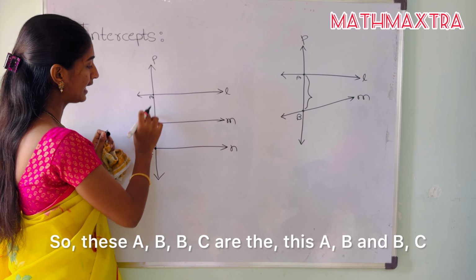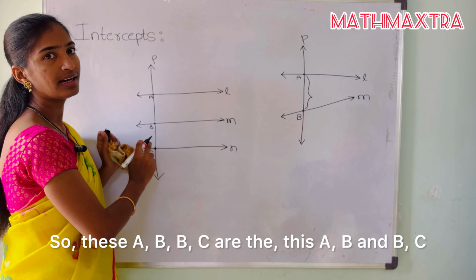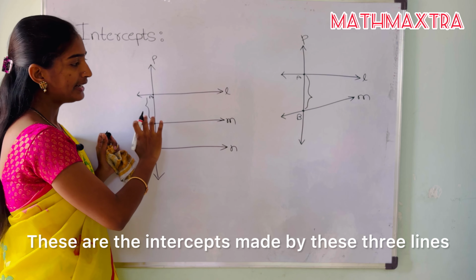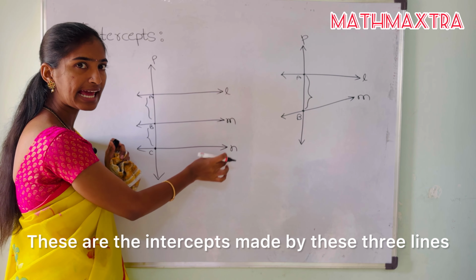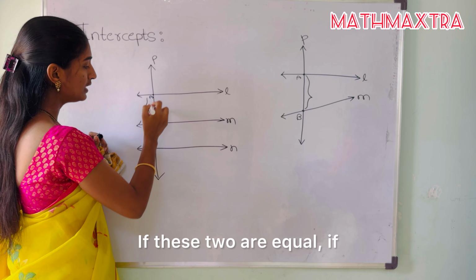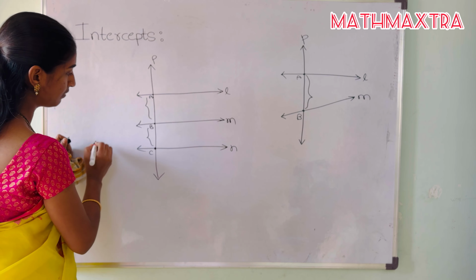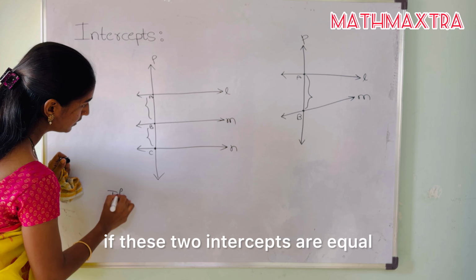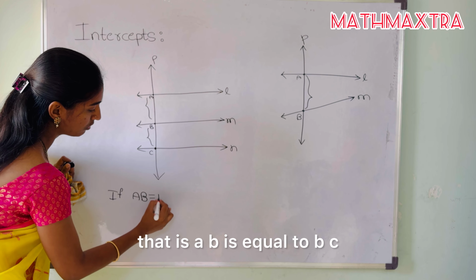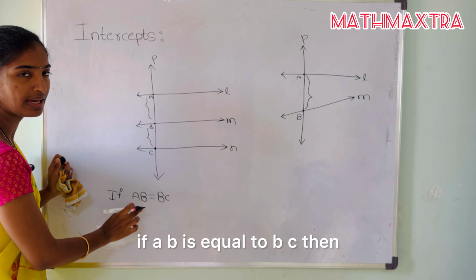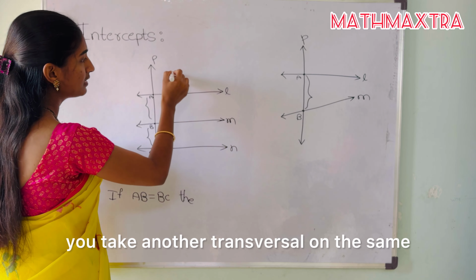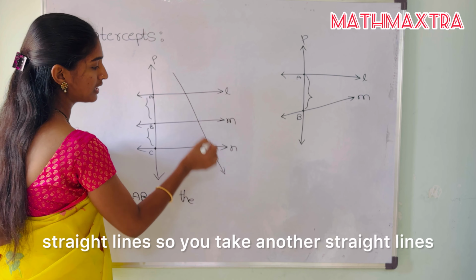So AB and BC are the intercepts made by these three lines on the transversal P. If these two intercepts are equal, that is AB is equal to BC, then take another transversal Q on the same straight lines.